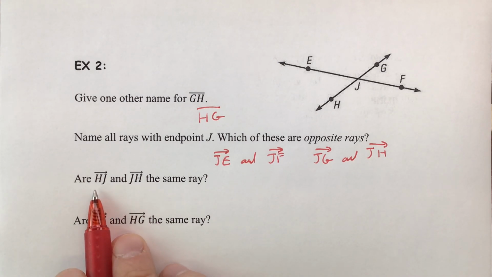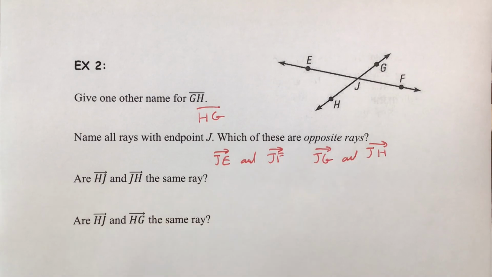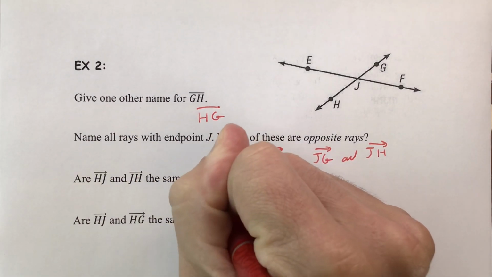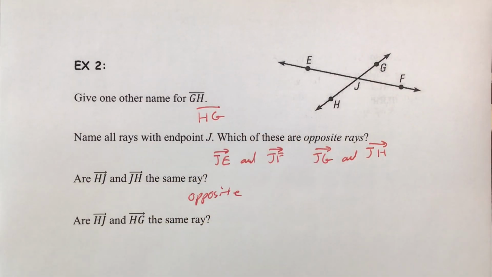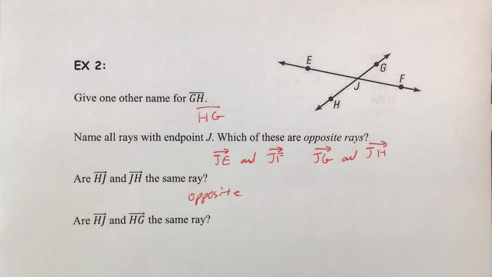So if this starts at H, and this starts at J, they can't be the same ray. Now, being that the letters are flip-flopped, that is actually going to be opposite rays, which is what I was trying to describe here with JE and JF, that they don't have to start at the same point as long as they're in opposite directions. That'd be fine, and that's what happens here.